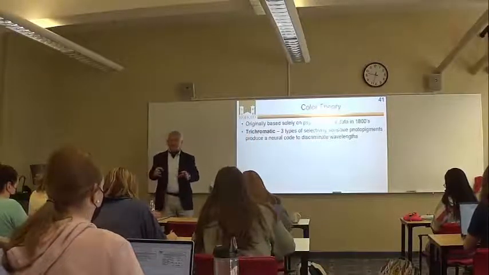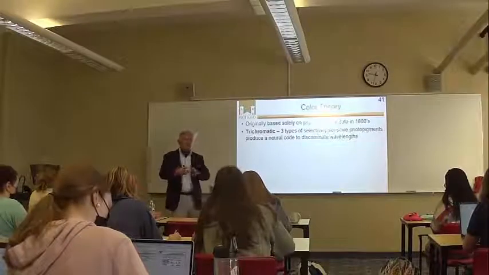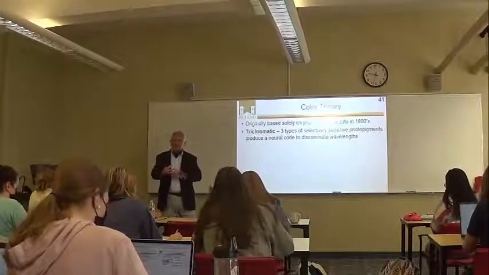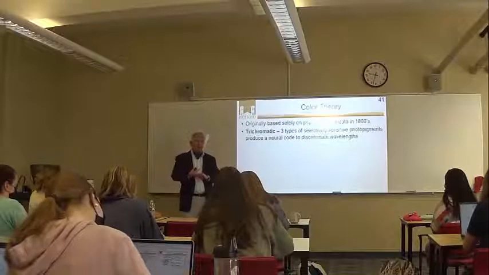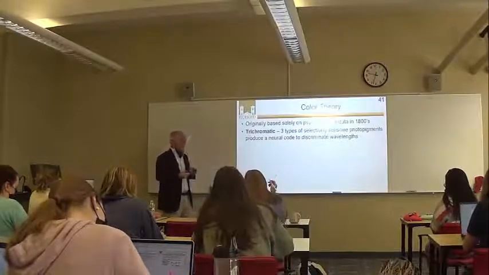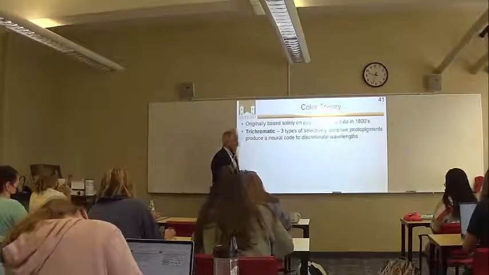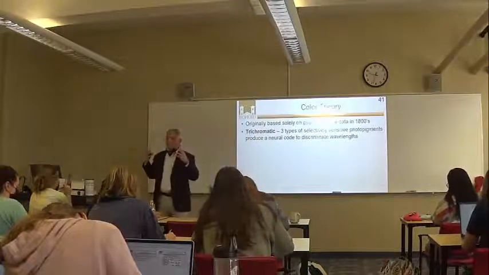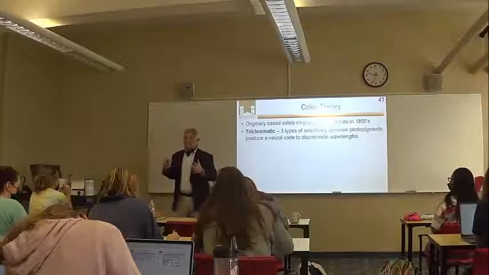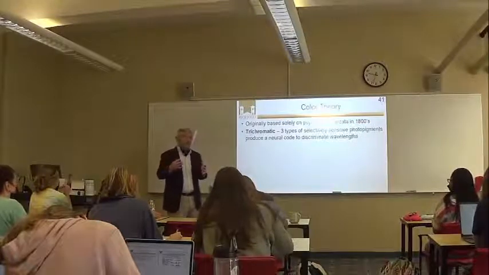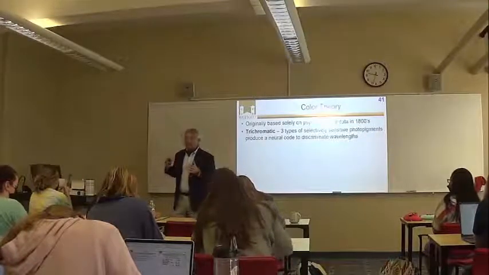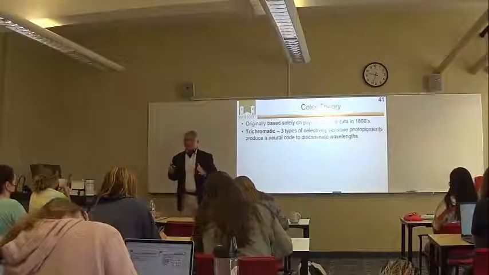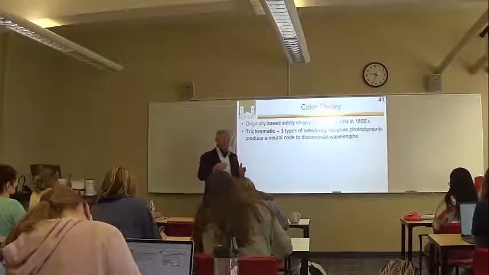And that's because we have three types of photopigment in our cones, short, medium, and long wavelength, and that's called trichromatic color coding. So if my short wavelength cones are sending a signal, that's labeled line for blue, right? And if my medium wavelength cones are sending a signal, that's labeled line for green.